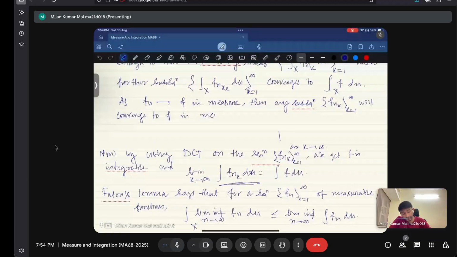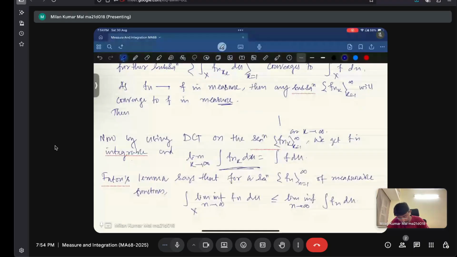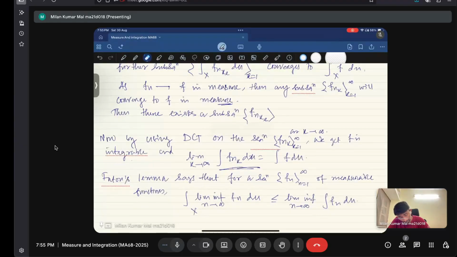This is the first thing. Then it is known that there exists a subsequence f_{n_{k_l}}, l equals 1 to infinity.